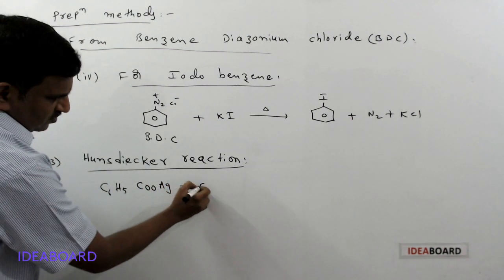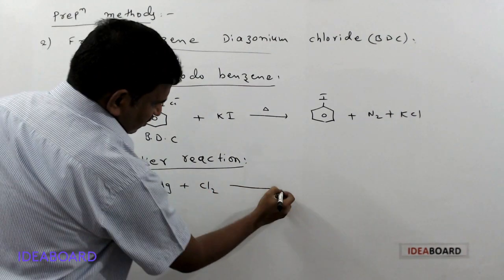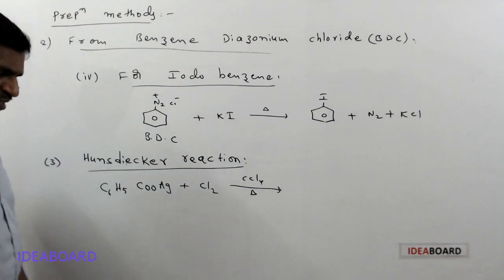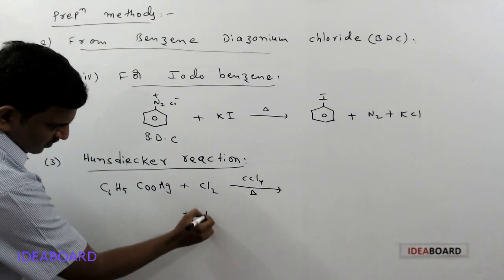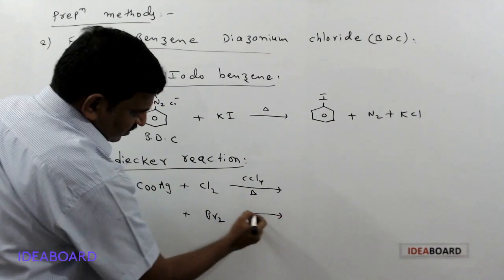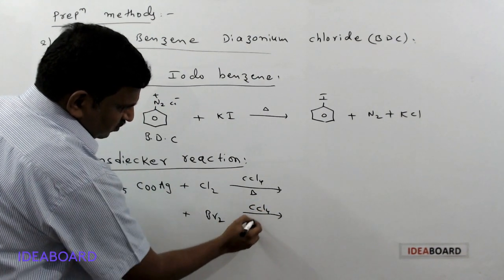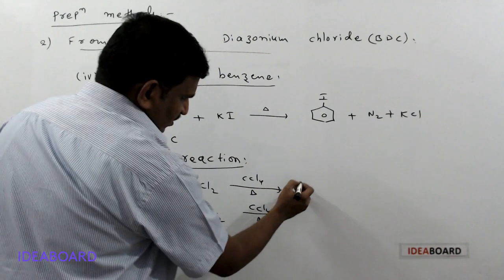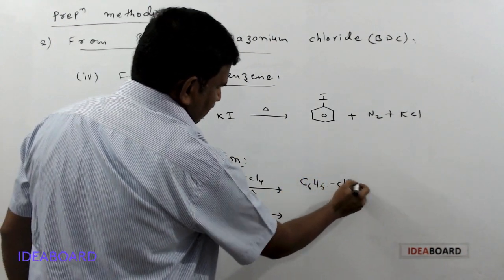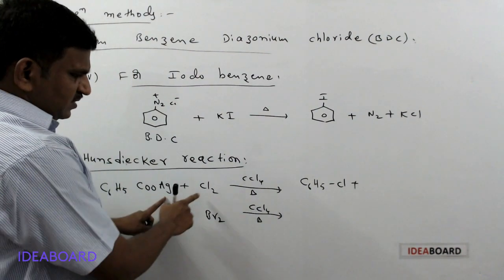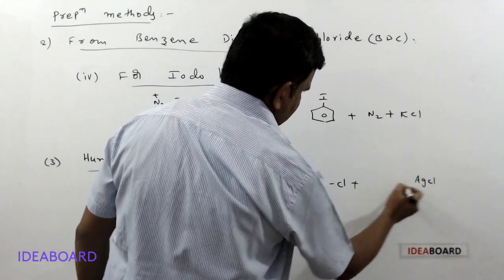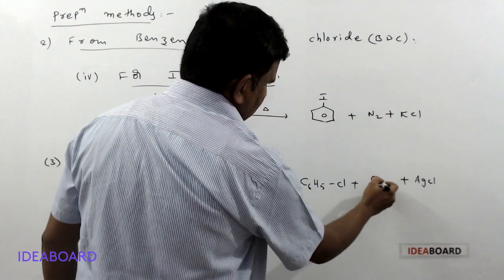It reacts with chlorine in the presence of CCl4 at high temperature, or the same reaction can be done using bromine in the presence of the same CCl4 at high temperature. Then it forms C6H5Cl plus AgCl plus CO2.